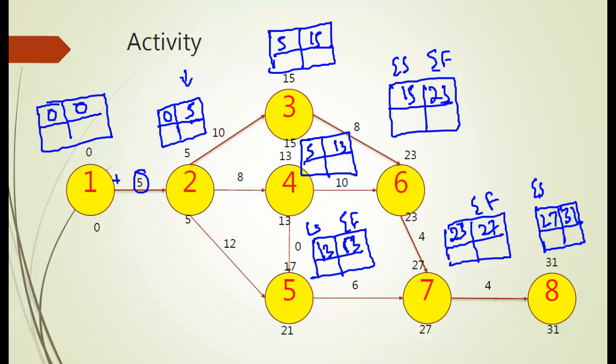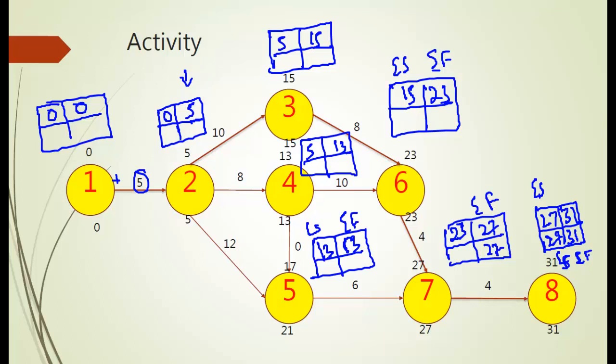Now I have calculated the early start and early finish in a forward pass. Now we have to calculate the late start and late finish using the backward pass. We start from 8, the project completion time is 31, and 31 minus 4 is 27. The late start of this node will be the late finish of the previous node, so if it is 27, this is also going to be 27.